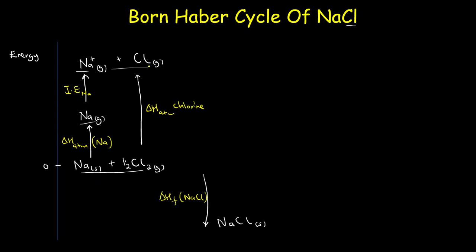So now at this point we have finished ionizing sodium, we have finished atomizing the chlorine, but when you look at our energy scale, whenever we want to form a chlorine ion, usually enthalpies of electron affinity will be negative. So we are going to have a shift in our energy diagram.